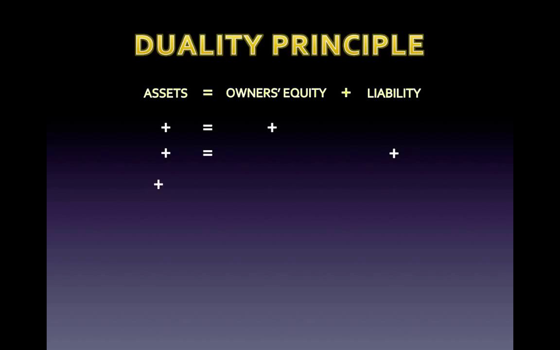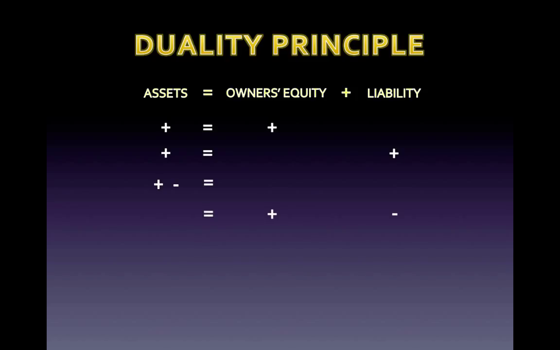If you want to increase your asset, but there's no impact on owner's equity and liability, then you must have decreased another asset so that the accounting equation balances. So again, a transaction must have at least two effects. It can be in the same element. And if you increase your equity, you also need to decrease your liability if there's no effect on the assets.